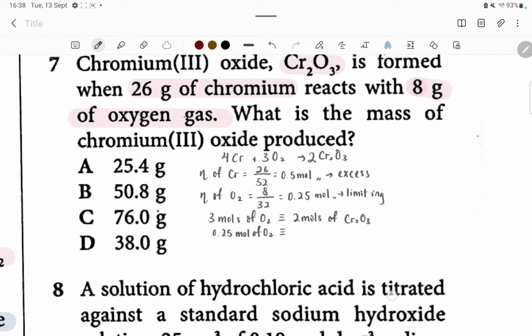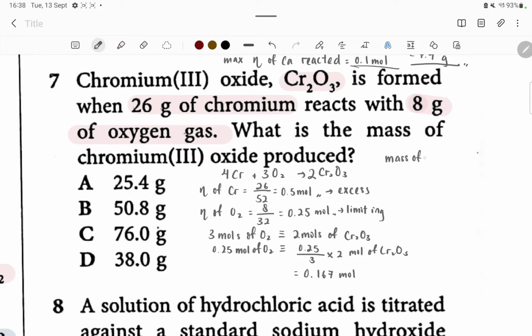So for this one you use 0.25 divided by 3 multiplied by 2 mole of Cr2O3. In the end, you should get 0.167 mole.